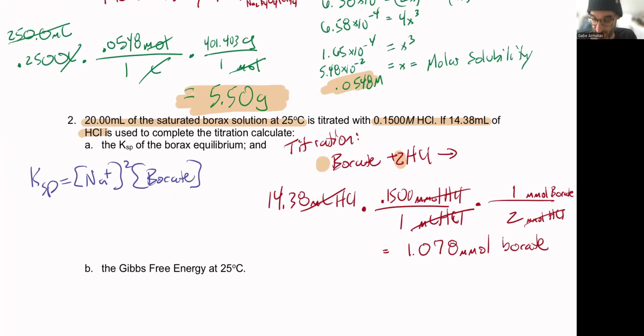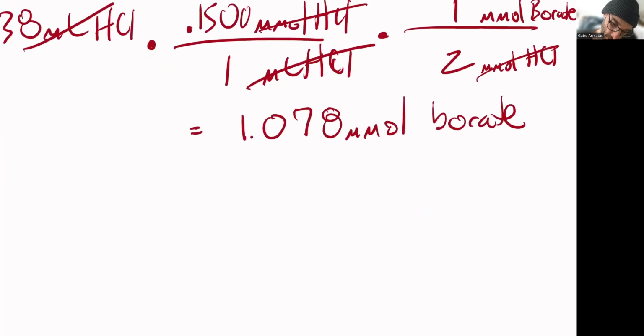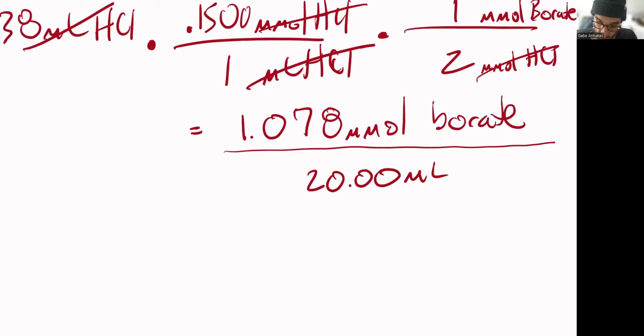What's the size of the sample? Well, it turns out it was 20 mils. So if I have 1.078 millimoles of borate in 20 milliliters of that saturated solution, this turns out to be 0.05393 molar borate.